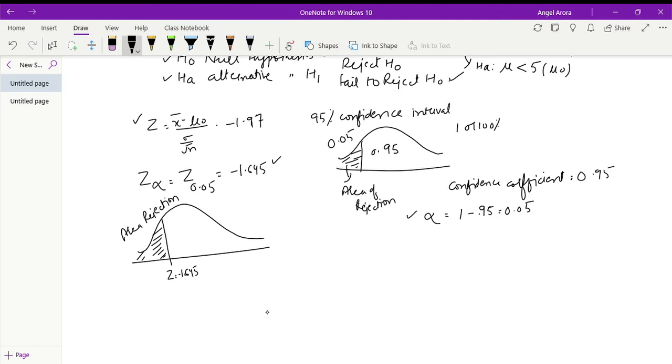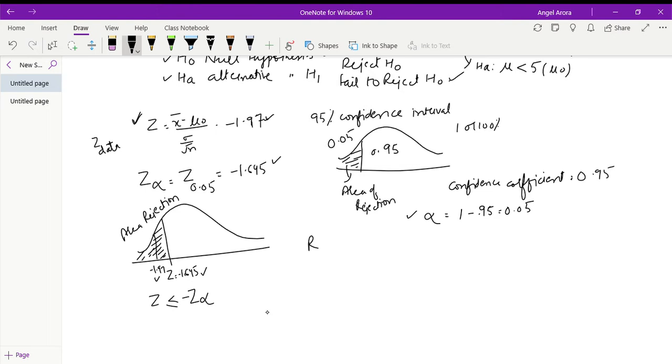Now our z test statistic, I will call this z data. If z data falls in the rejection area, then we will reject the null hypothesis. Let's see, minus 1.97 will come on this side, the left hand side. So obviously this falls under the rejection area, or we can say that z is less than or equal to minus z alpha, because this value is less than minus 1.645.